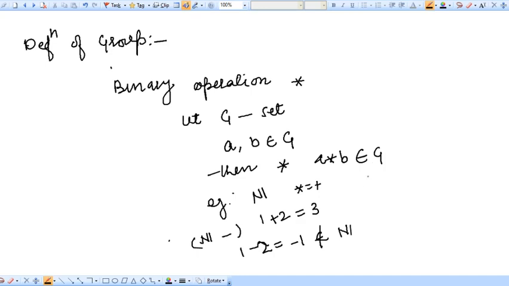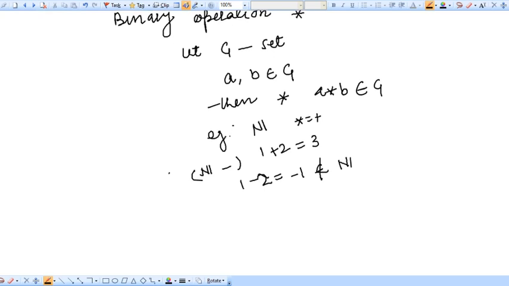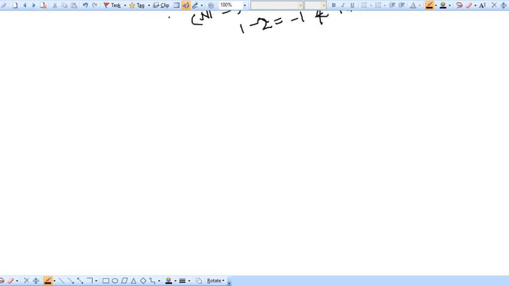Okay, so now let us proceed towards the definition of group.